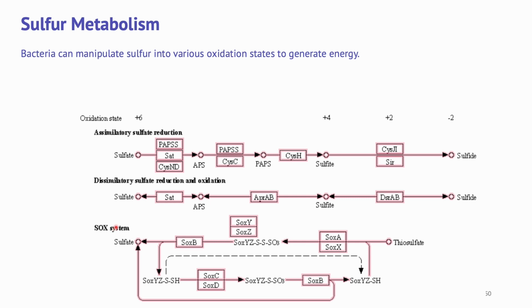And again, these processes are really costly compared to glycolysis when it comes to creating energy. So if a microbe has the capability to metabolize sulfur in these ways to create energy, but it also has glucose there, it's probably going to use glucose. So then you're also going to end up getting a lot of other microbes that also use glucose.